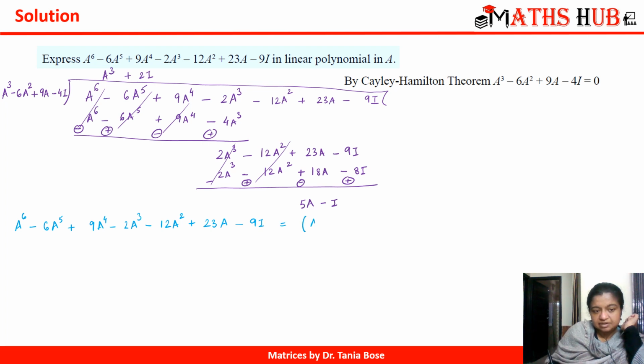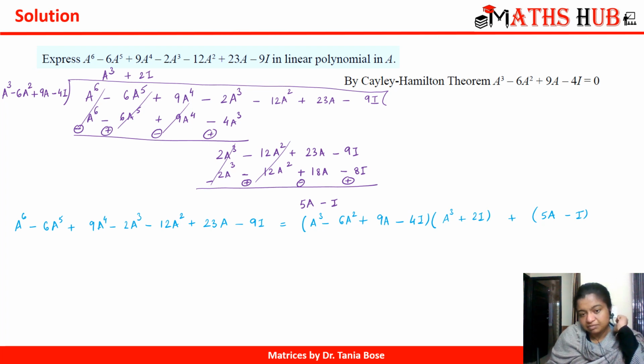The divisor is A^3 minus 6A^2 plus 9A minus 4I into the quotient, that is A^3 plus 2I, plus the remainder, that is 5A minus I. This is how we write. Dividend is divisor into quotient plus the remainder.